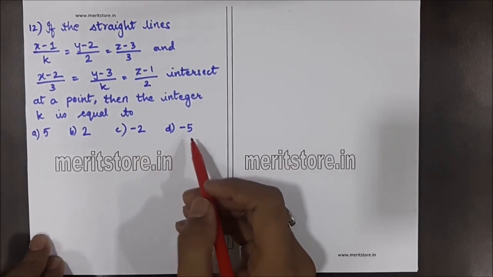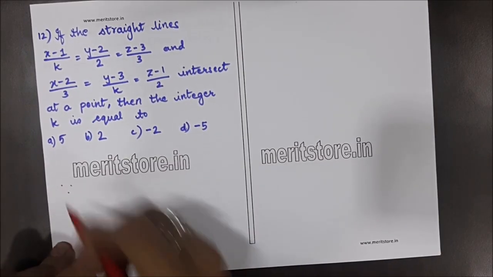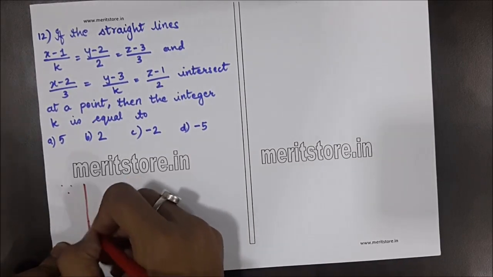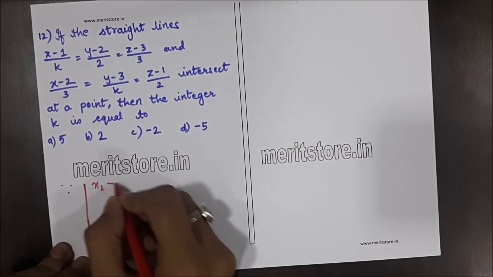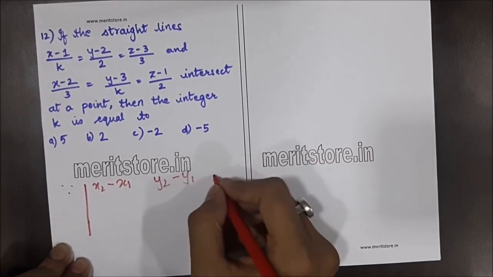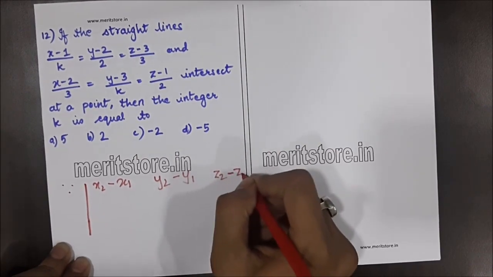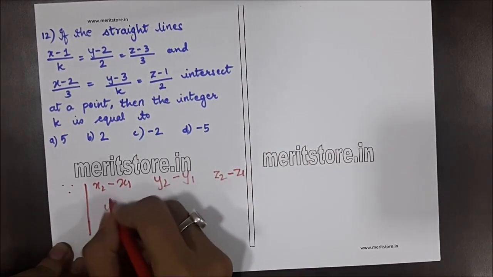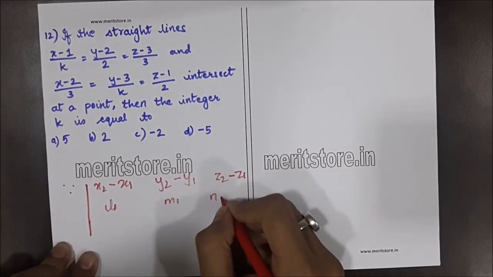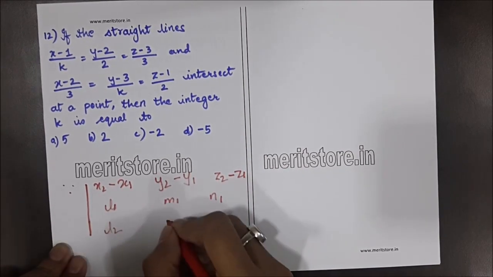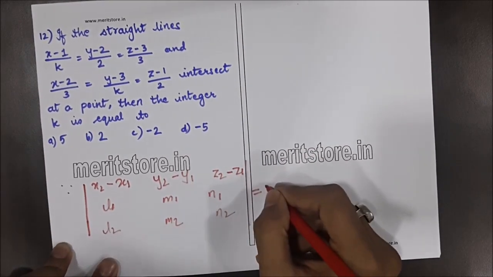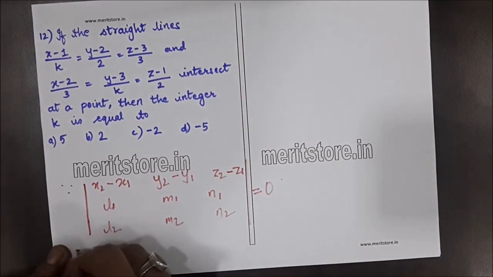Because these lines are intersecting, we have a determinant with rows x2 minus x1, y2 minus y1, z2 minus z1; then L1, M1, N1; L2, M2, N2, which must be equal to 0.